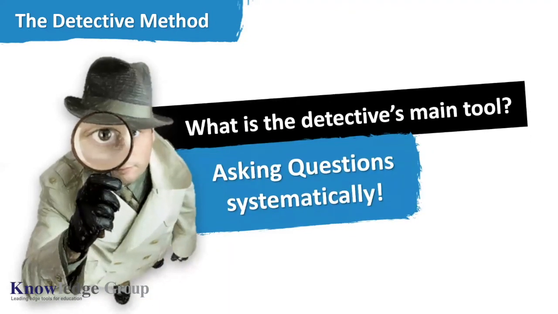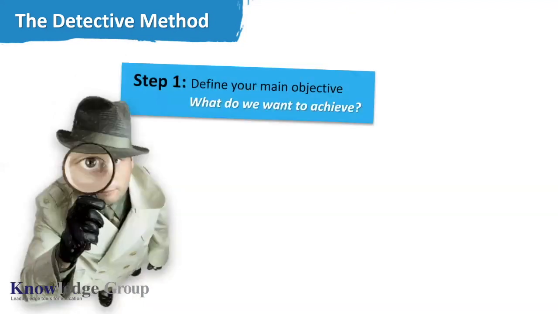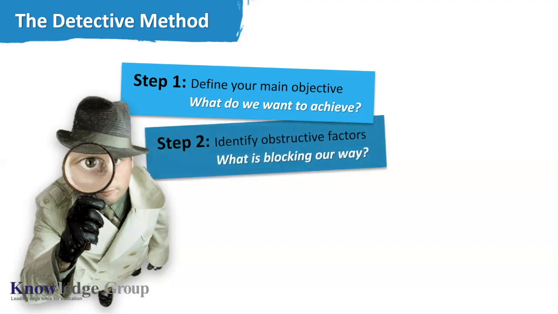Well, as I told you, we have a three-step method. Step number one is to define the primary objective. And that is what we have to do if we use this method: we need to define our main objective. The question that we should ask is, what do we want to achieve? Step number two is to identify obstructive factors.